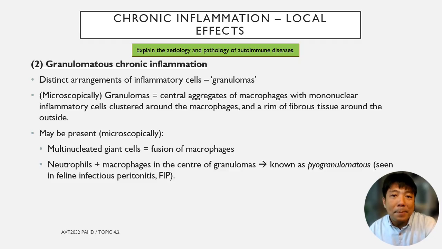A classic example is the granuloma formed in response to tuberculosis infection, where the macrophages fuse into multinucleated giant cells, or MGC, at the center of the granuloma.